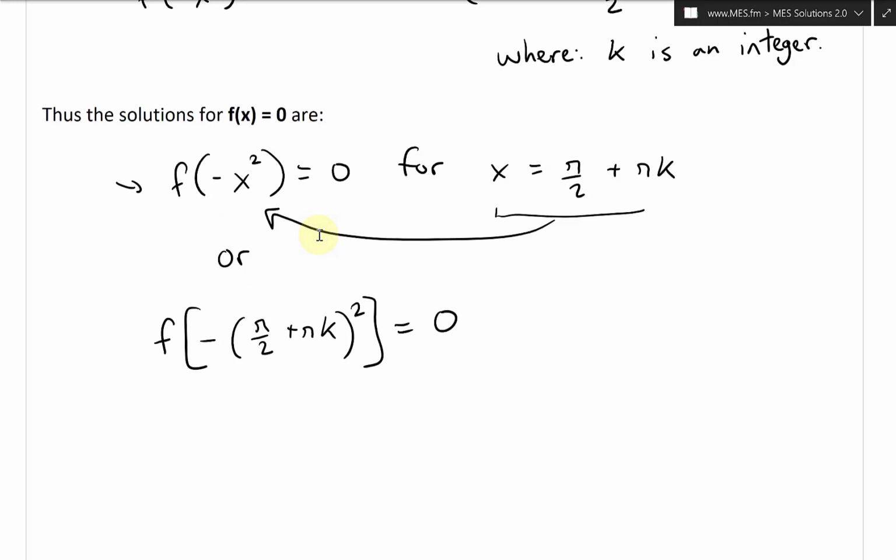When we put that inside here, this part right here is our equivalent value for that f of x we want.